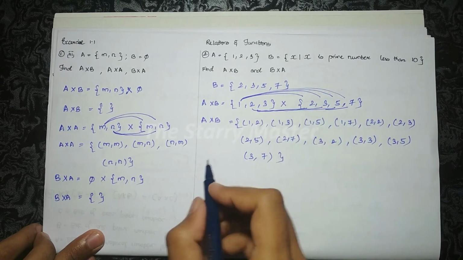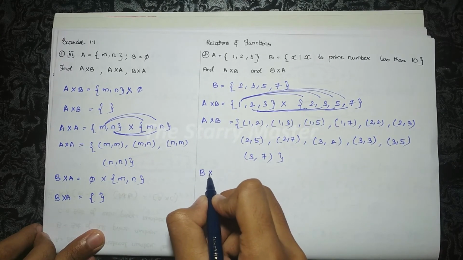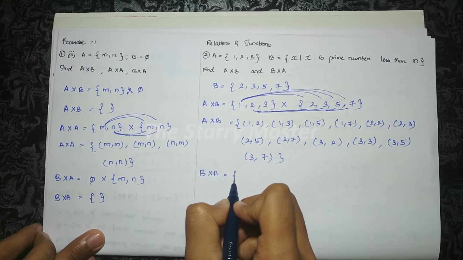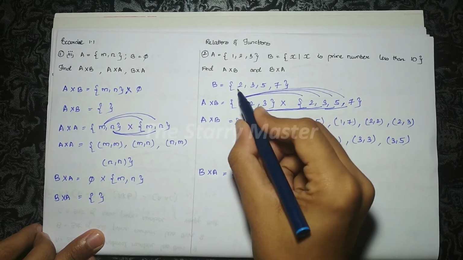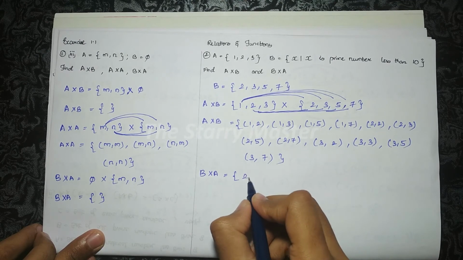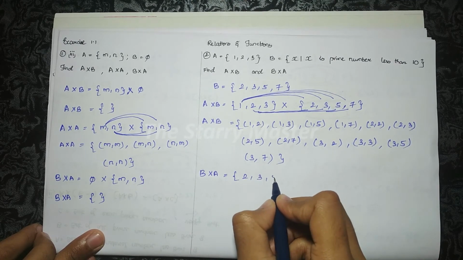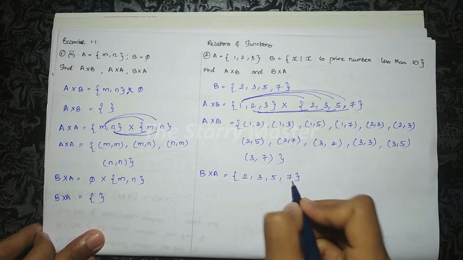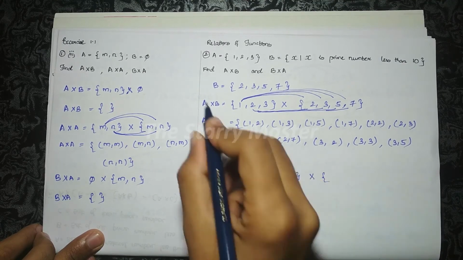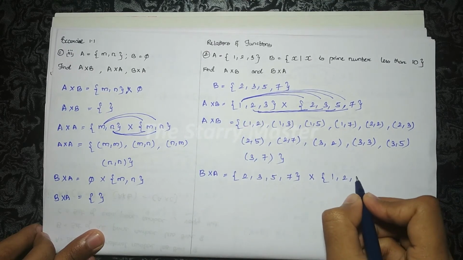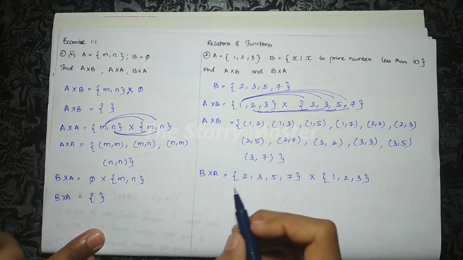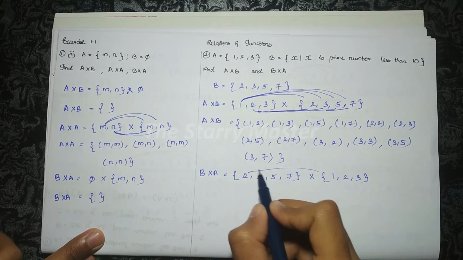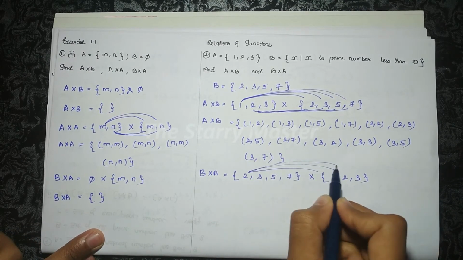Then we have to find B cross A. B cross A is equal to what? The value of B is {2, 3, 5, 7} cross the value of A, {1, 2, 3}. So we have to take one value and join with all the three.